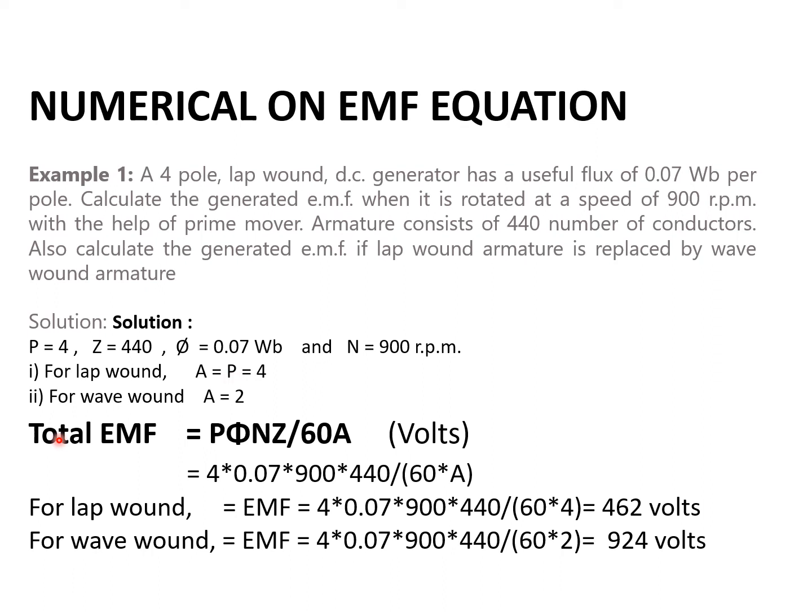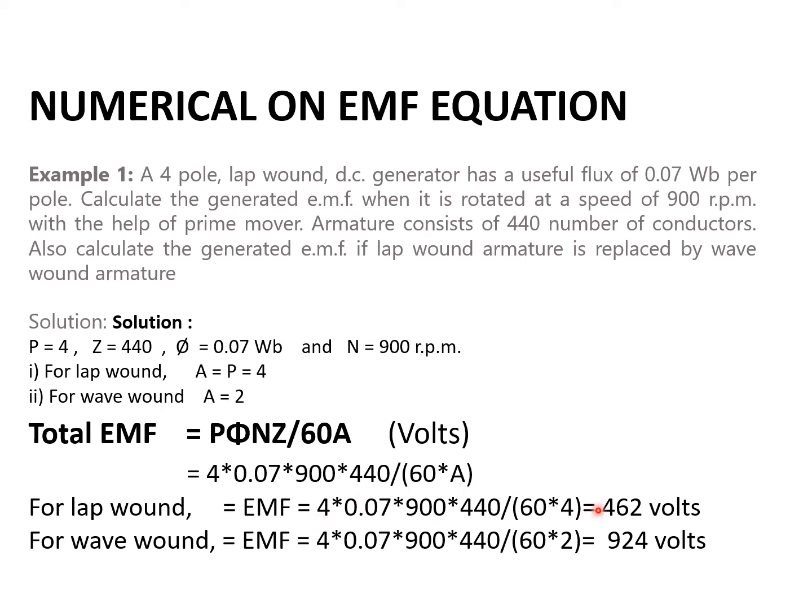So you use the EMF equation formula PϕNZ upon 60A. You put P equals 4, ϕ equals 0.07 Weber, N is 900 revolutions per minute, the number of conductors 440, divided by 60 into A, and you put A equals 4 for lap wound.